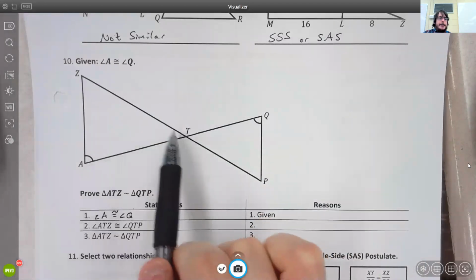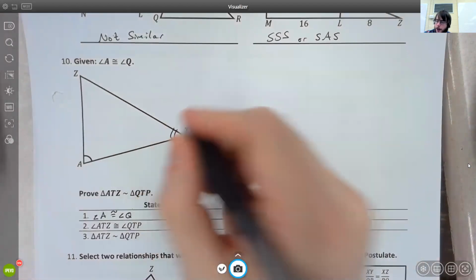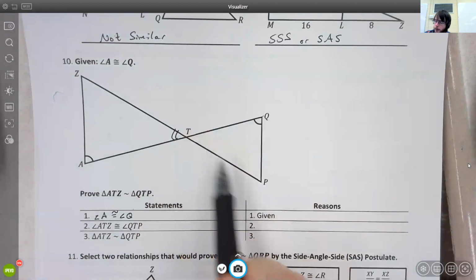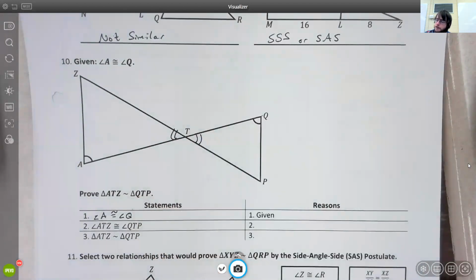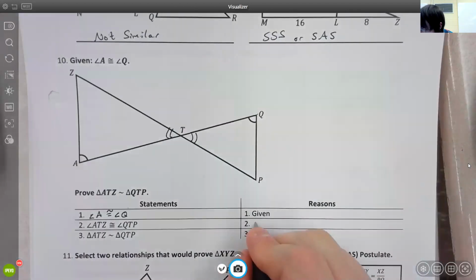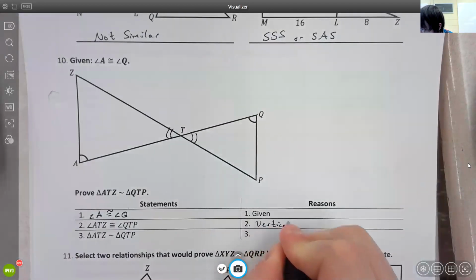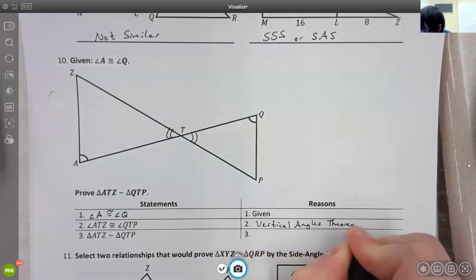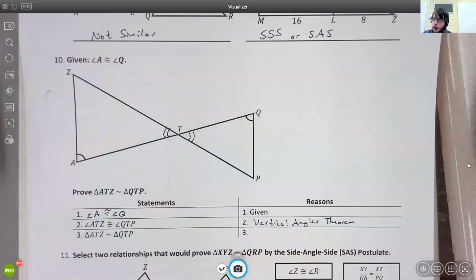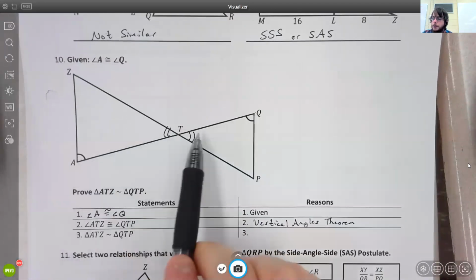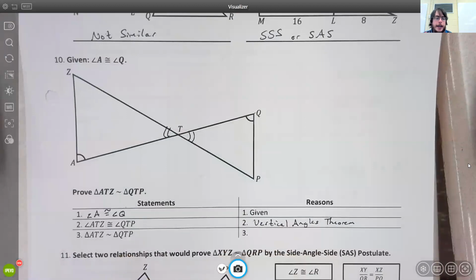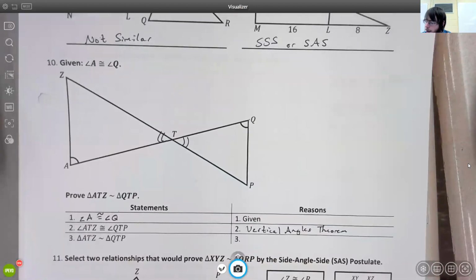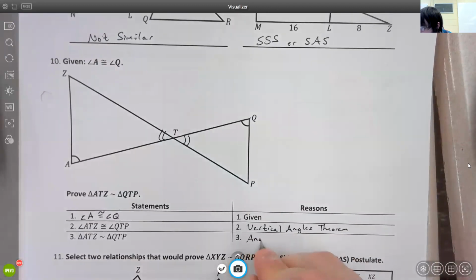And if you notice here, these two angles, the reason they're congruent is because they are vertical angles. So since we have two pairs of congruent angles, we can prove that triangle ATZ is similar to triangle QTP by angle similarity.